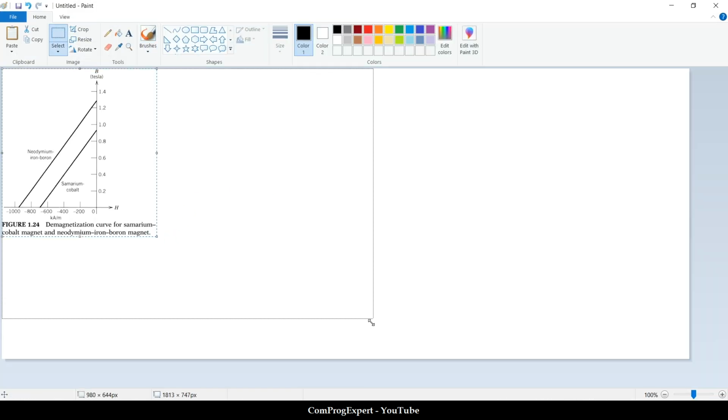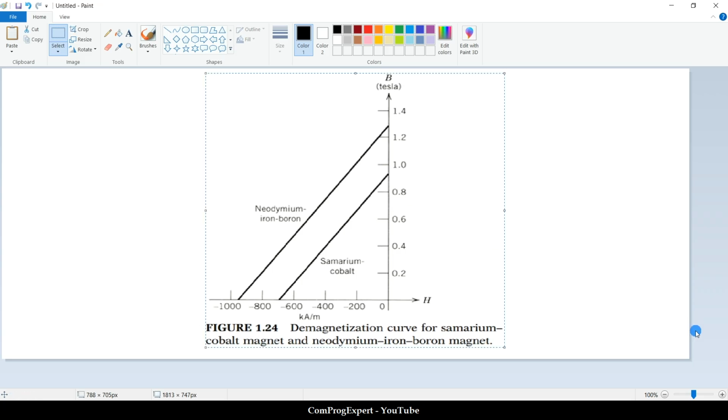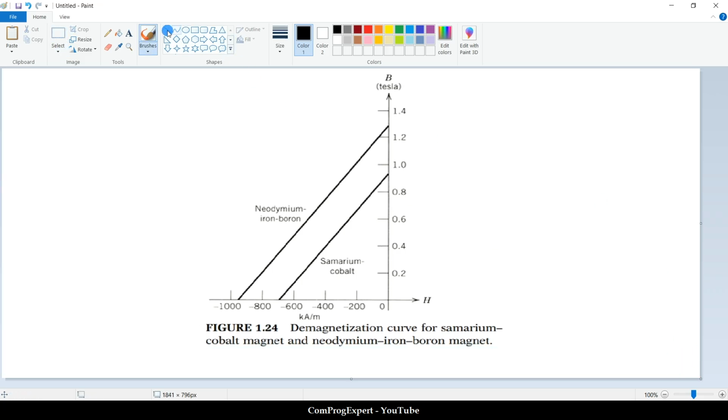The BH curve of this permanent magnet, samarium cobalt, is a straight line, as you can see here. So here we actually have a triangle.